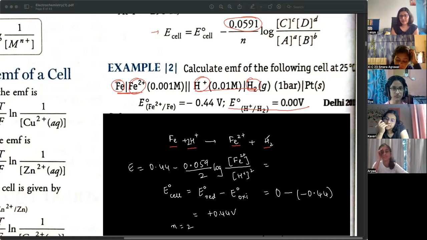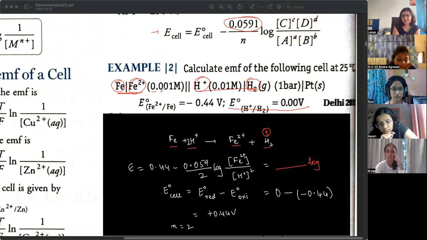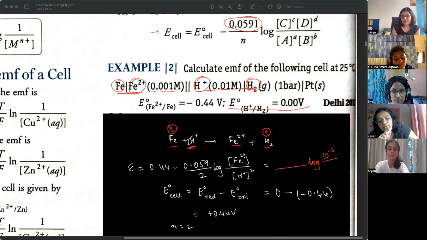Among the products, H2 is elemental, so this is going to be 1. Iron is in aqueous state, so we have to use its concentration. So you'll have the whole thing. Log of the concentration of iron, which is given as 0.001, I'll write it as 10 power minus 3, divided by the reactant. Elemental iron is going to be 1, so we just have to consider the concentration of H+, with stoichiometric coefficient 2.